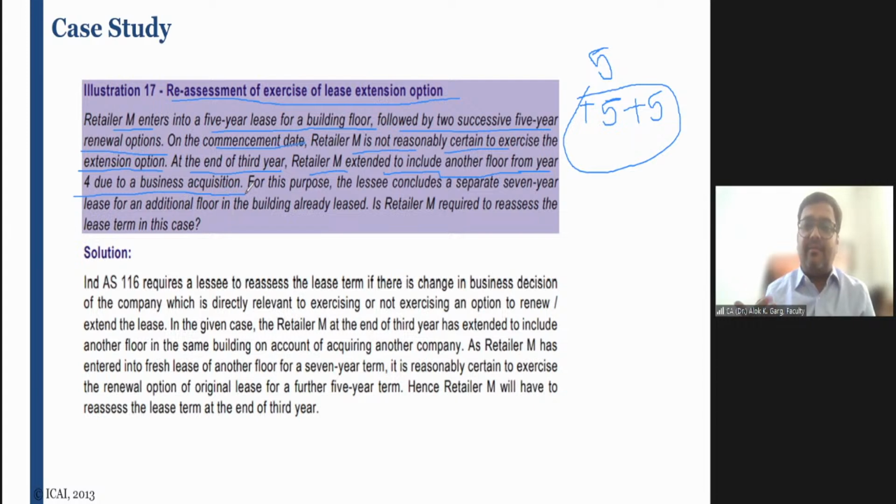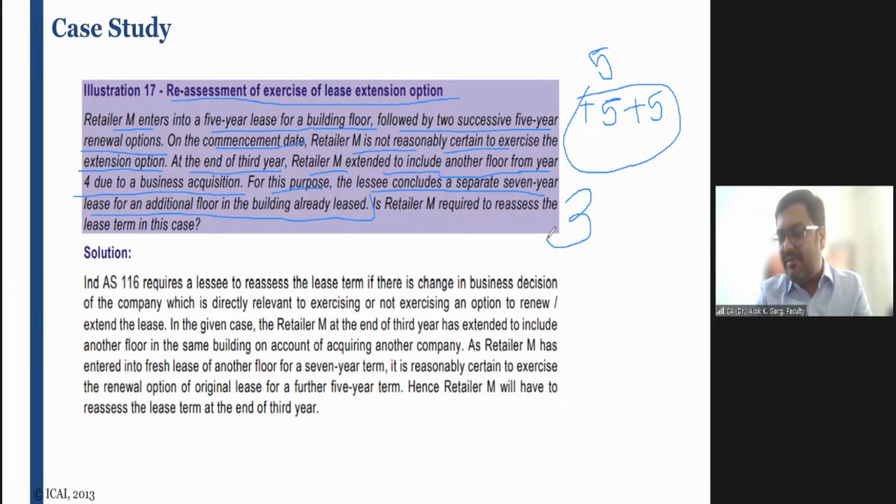After 3 years, this lessee has acquired another floor from year 4 due to a business acquisition. Because this lessee's business grew, they acquired a new business, and that is why this lessee has acquired another floor from year 4. And for this purpose, the lessee concludes a separate 7-year lease for an additional floor in the building already leased.